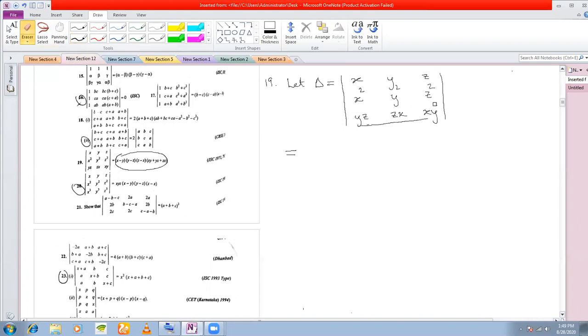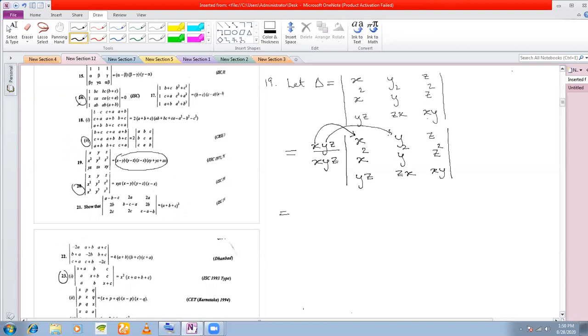So how do we give it? This technique, remember, you write x, y, z by x, y, z. I have shown you this technique earlier also. Now what you do is, this x you multiply with the first column. This y you multiply with the second column.